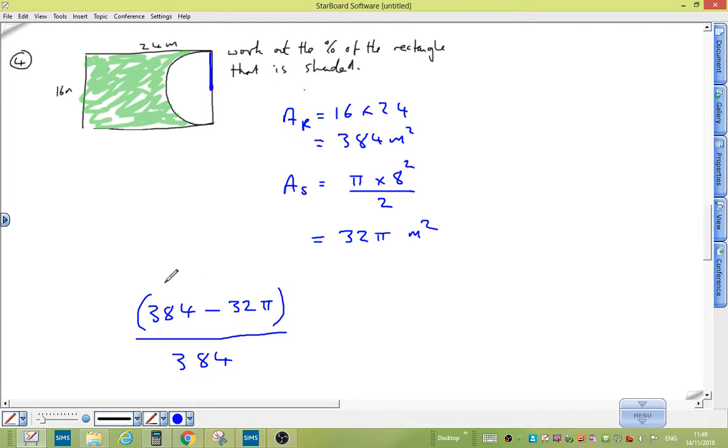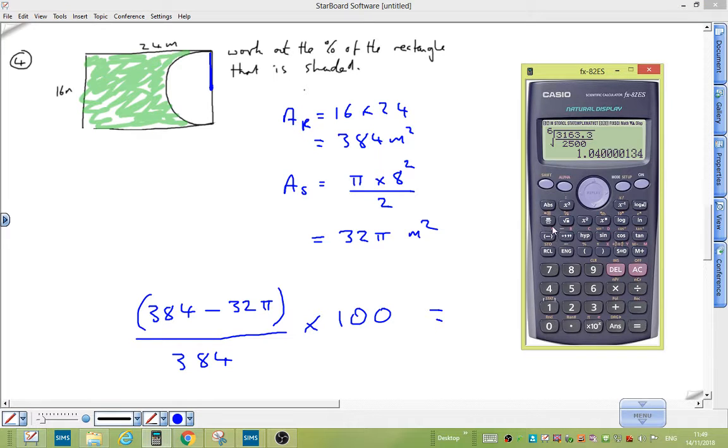So that's the fraction that's shaded over the whole thing. And to convert a fraction to a percentage, you just times by 100. And that will give us the answer. So 384 minus 32 pi, shift pi, go down, 384, come out and times by 100. And I end up with 73.8%.